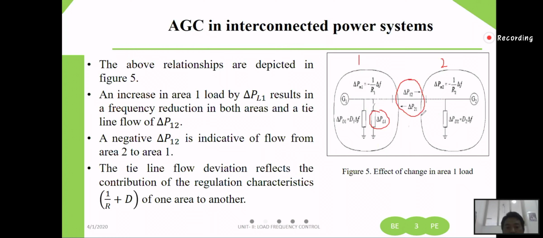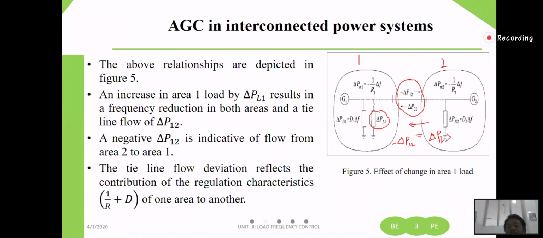Now, if you have some mathematical calculation, which I will give later in an example, and you are required to find the tie line power using all this data, and you find that power P12 is negative, it means that power is flowing from area 2 to area 1. So we can write negative del P12 as del P21.